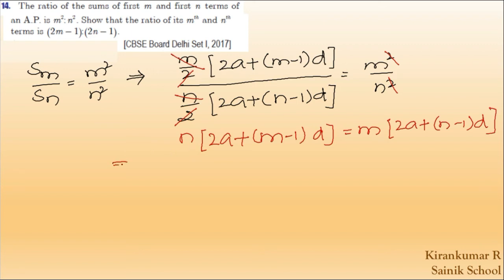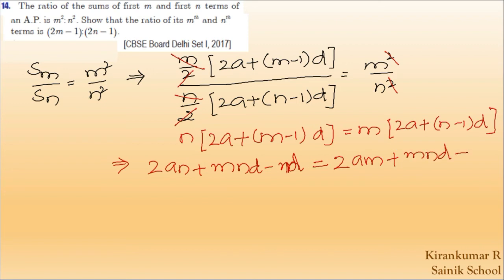Let us further simplify. So 2an plus mnd minus nd will be equal to 2am plus mnd minus md.